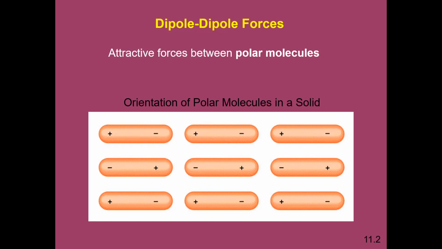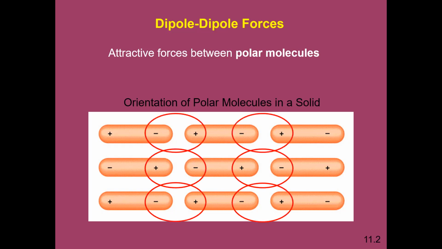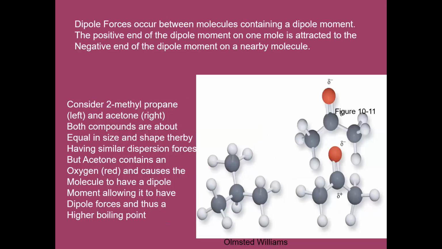If one's polar and one's non-polar, then it will not. All right, so right here, you can see that this is a very non-polar molecule because it's symmetrical. See how symmetrical that is? Whereas this one is very asymmetrical. Therefore, those molecules will definitely have a positive and a negative end.